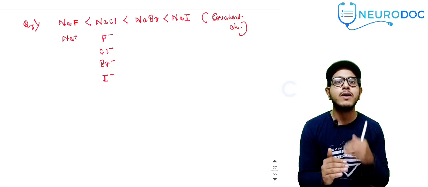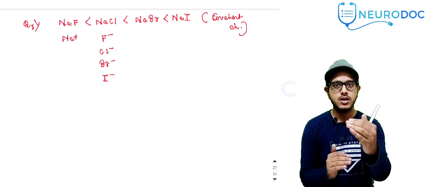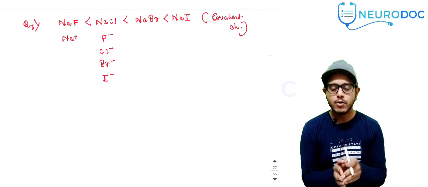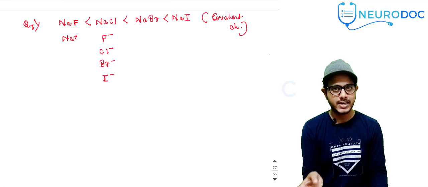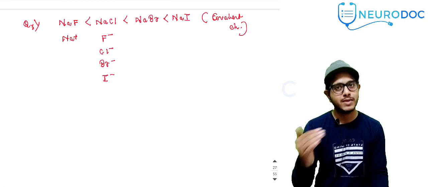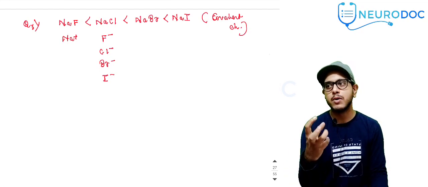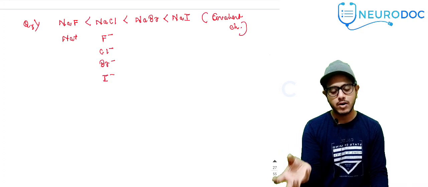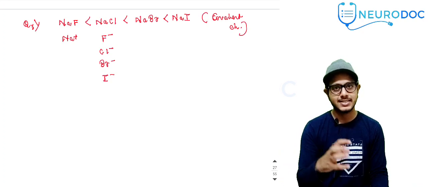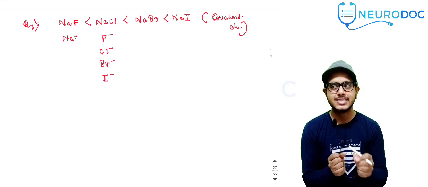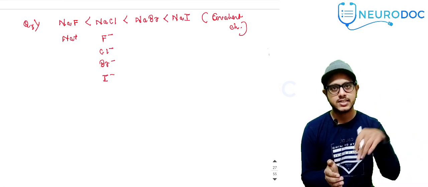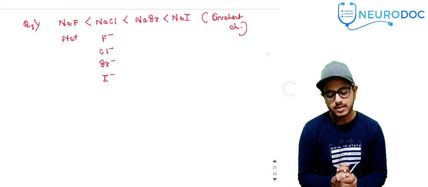They require more heat or more temperature. So the melting point is very high. Therefore, with more covalent character, the melting point and boiling point will be less, because in ionic compounds it was more. In a covalent compound, the melting point and boiling point are less, because the force of attraction is not very high as compared to an ionic compound, right?